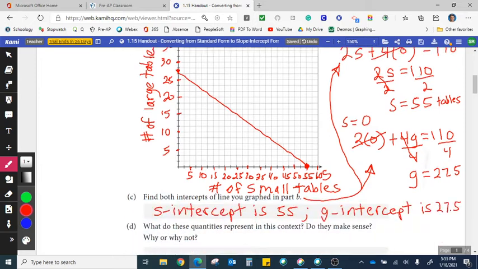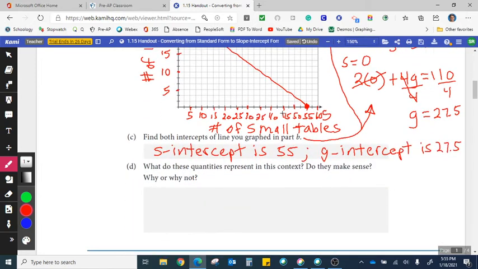Okay. Now it says, what do these quantities represent in context? Do they make sense, and why or why not? In context, there's lots of things that you could say. I'm going to look at this from what these intercepts mean in the context of the problem. Well, we always start back at how many people do we need to seat. We need to seat 110 people. Let's talk about the S-intercept.